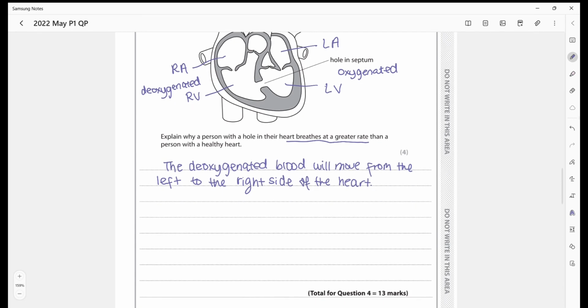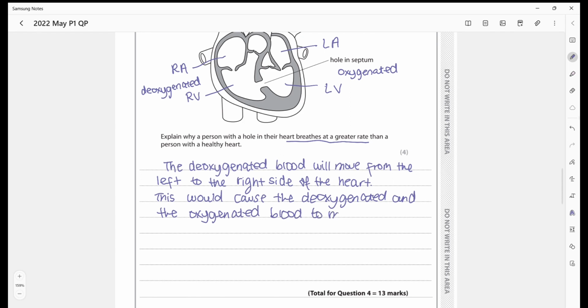Right, and this would cause the deoxygenated and the oxygenated blood to mix together.